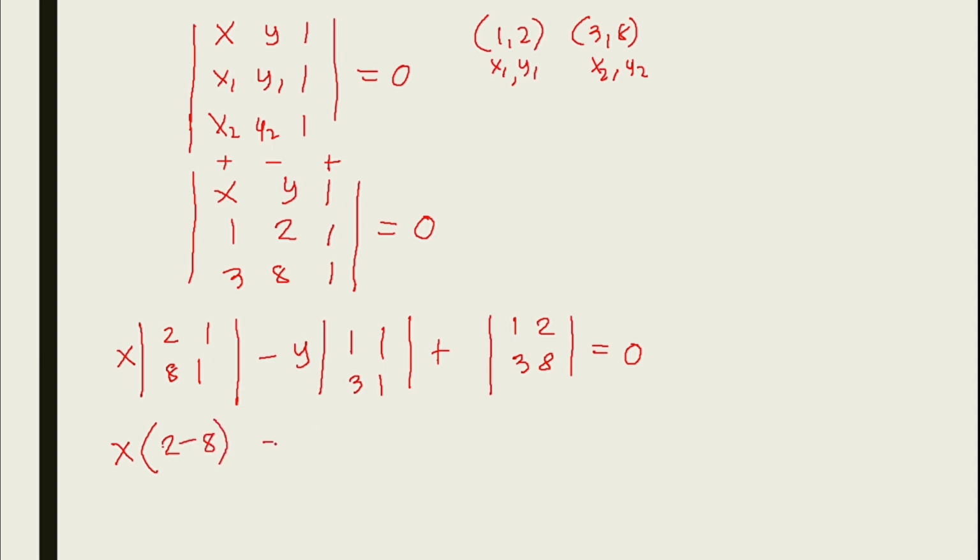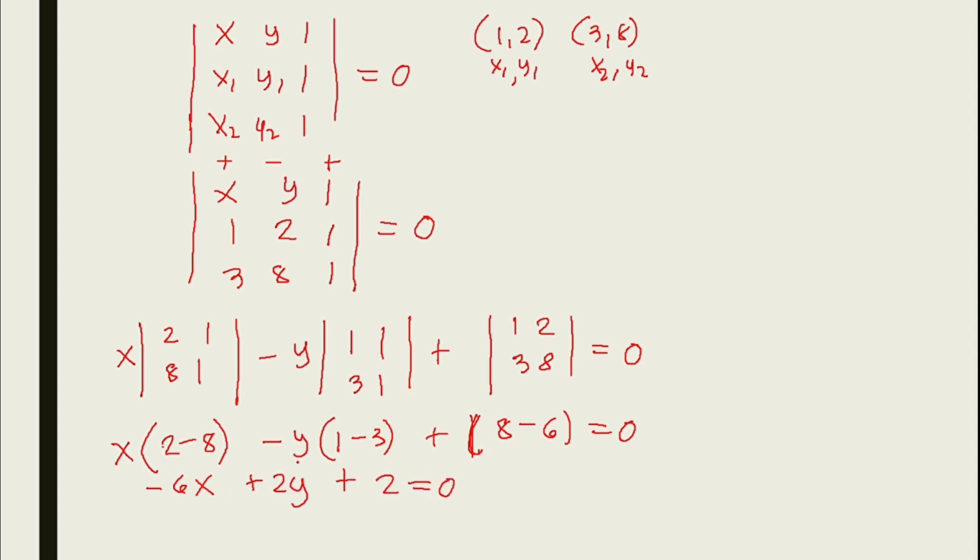Okay, minus y, this is 1 minus 3, plus, this is 8 minus 6 is equal to 0. So this is negative 6x. 1 minus 3 is negative 2 times y, so plus 2y, and plus 2 is equal to 0.